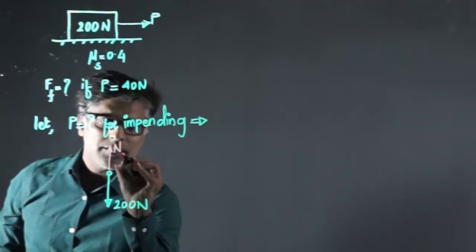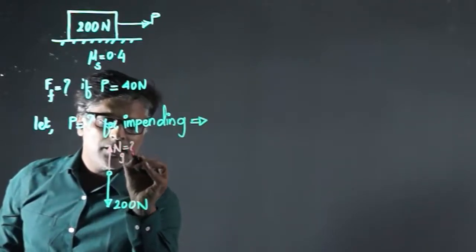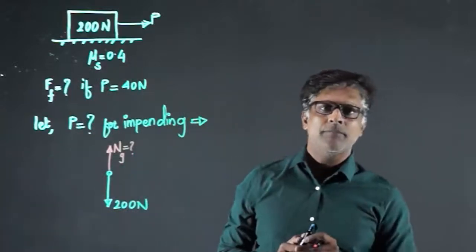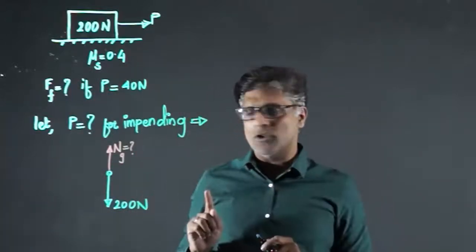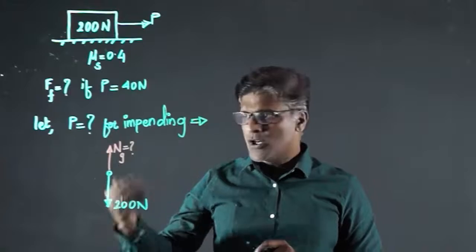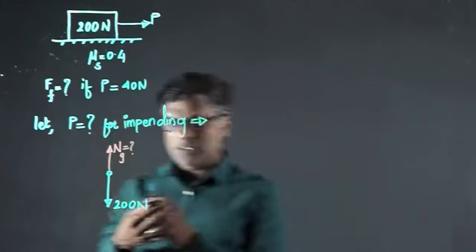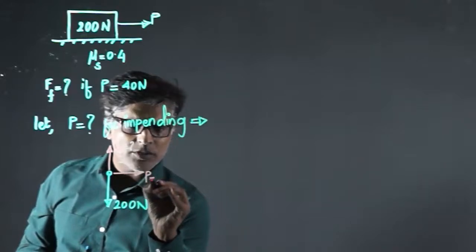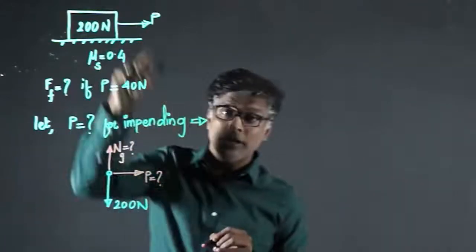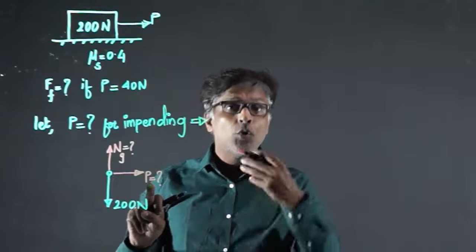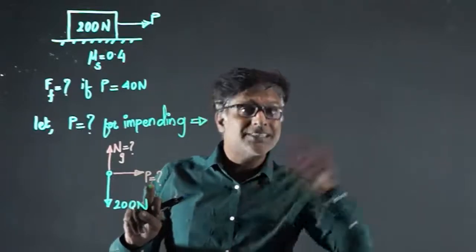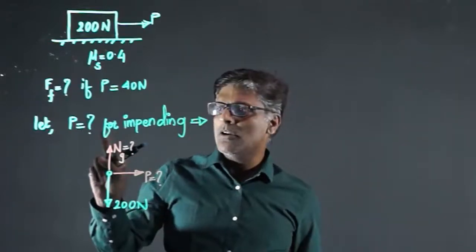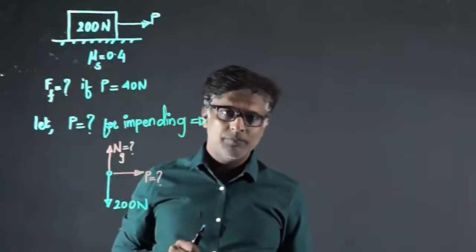I call it normal reaction of the ground, and I write a question mark in front of it because its magnitude is not known. So weight acting down, normal reaction acting upwards, and external force P acting towards the right, not 40, but remember this force P, whose magnitude we want to find such that this block undergoes impending motion.